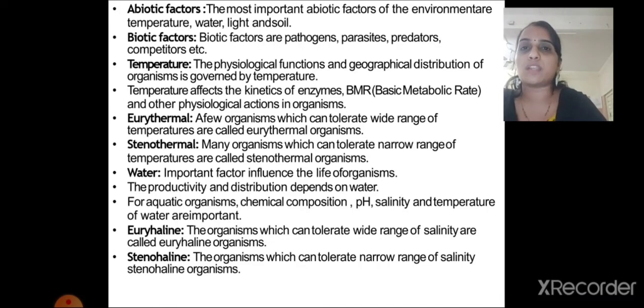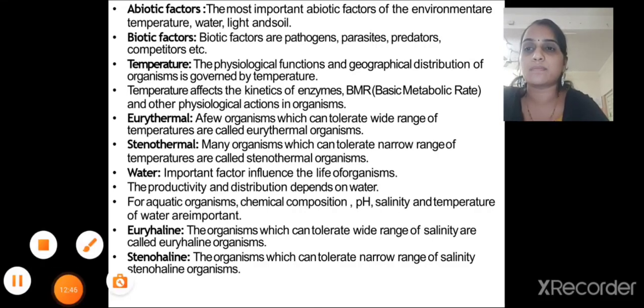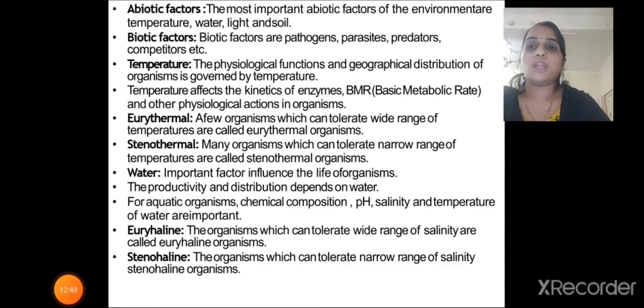Based on the requirement of water and the kind of water the living organism can take or consume, the living organisms are of two types. Euryhaline means the organism which can tolerate a wide range of salinity.